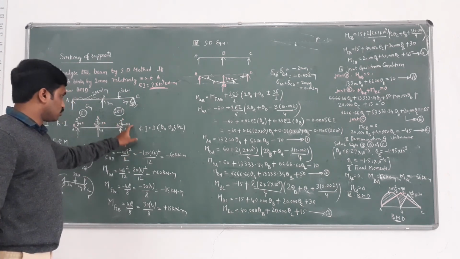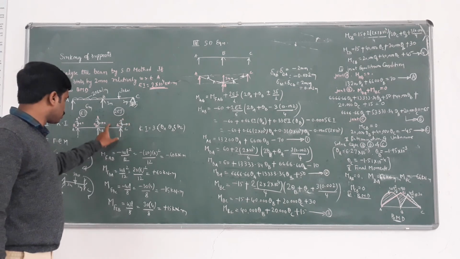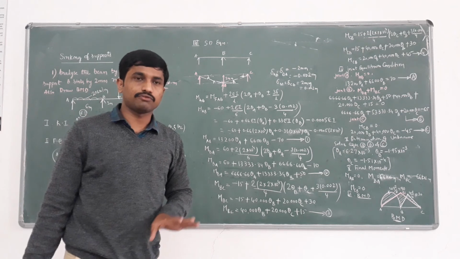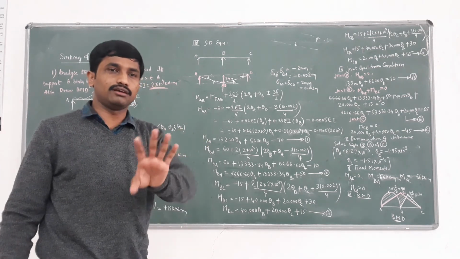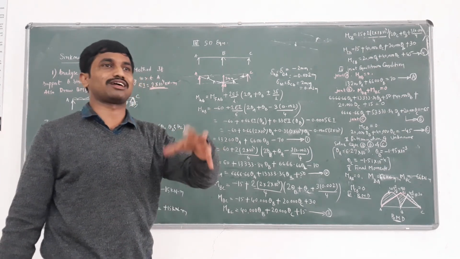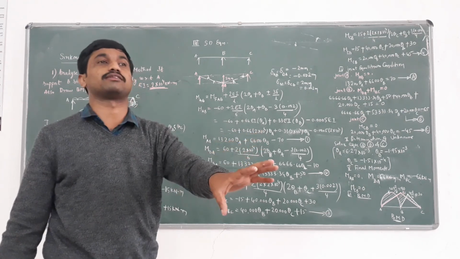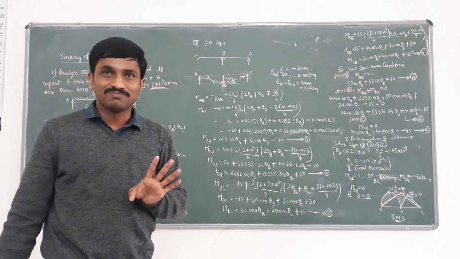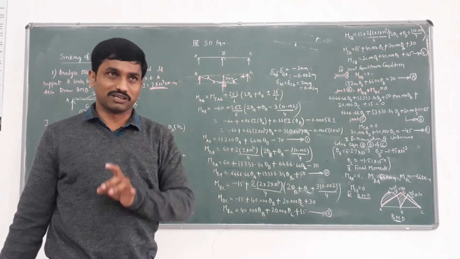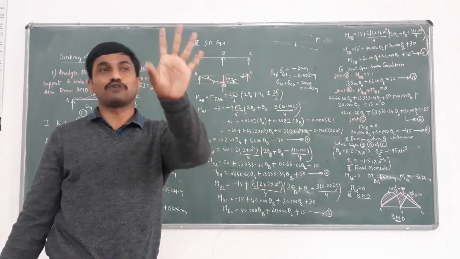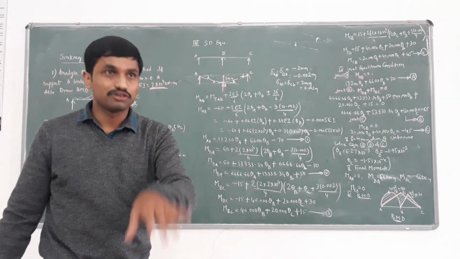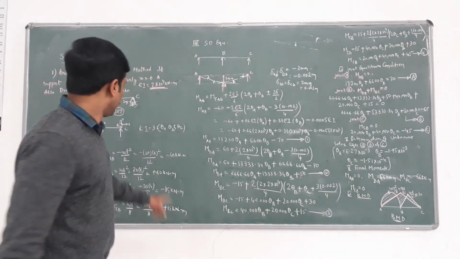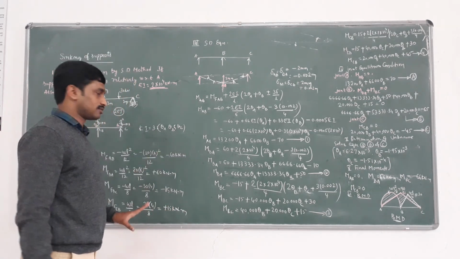At axis we are ignoring, the kinematic indeterminacy is 0, 0, 0, 0, 0, 0, only theta A, theta B, theta C. Please keep in mind, whatever the method, slope deflection, moment distribution or Kani's, irrespective of methods, here we are considering rotations as unknown displacements, and delta in case of frames. But in case of beams, you are getting only rotations as kinematic unknowns. So theta A, theta B, theta C are 3 unknowns.